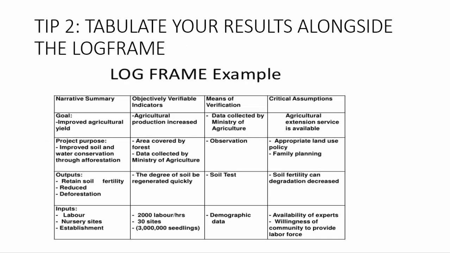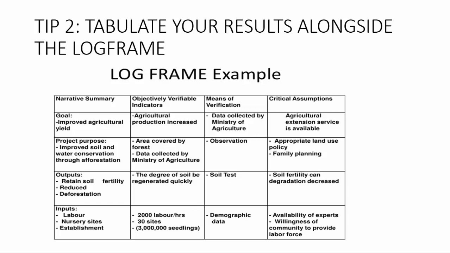Okay. Tip number 2, tabulate your results alongside the log frame. Okay, so I've given you an example of a logical framework. It's so much more enjoyable reading a report when the reader actually knows why you're writing this report and how it links to the logical framework. So we have the log frame. I just brought up an example of a log frame which has a goal of improved agriculture yield.